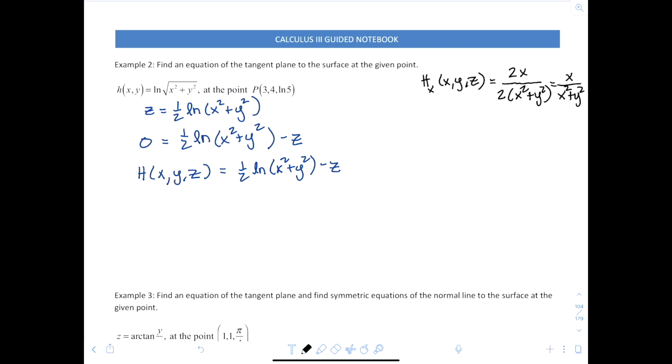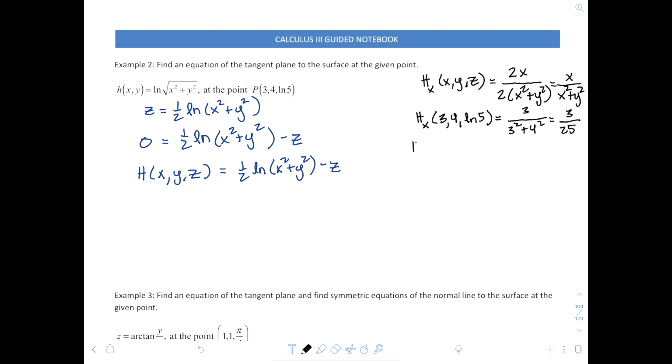And so hx at 3, 4, natural log of 5 is just going to be 3 over 3 squared plus 4 squared, which will be 3/25.